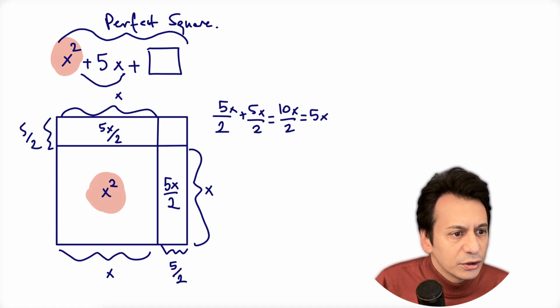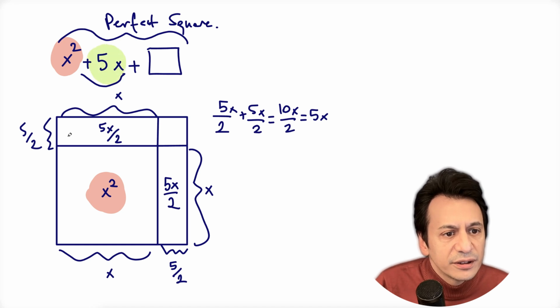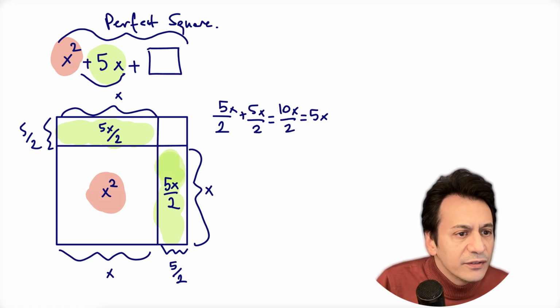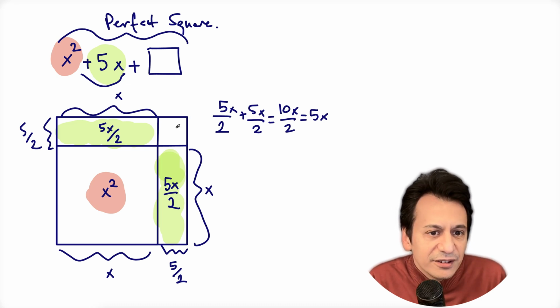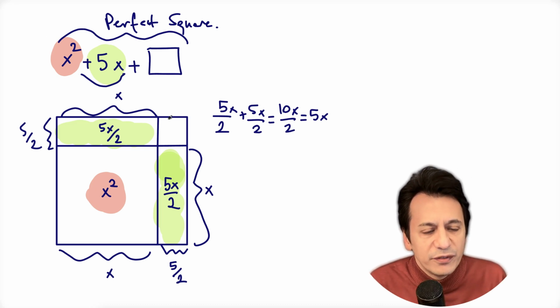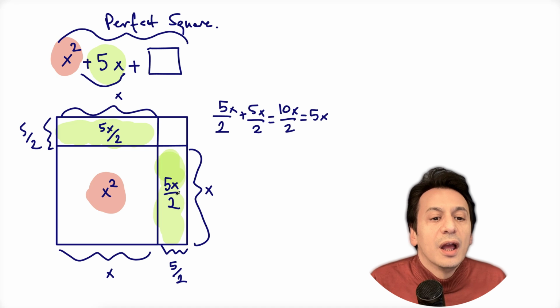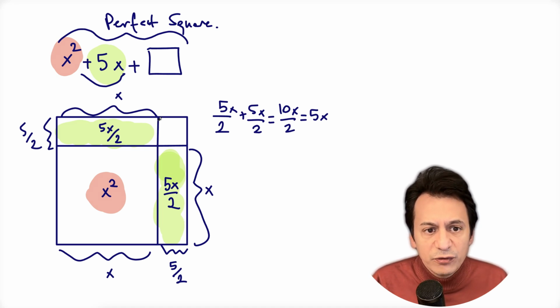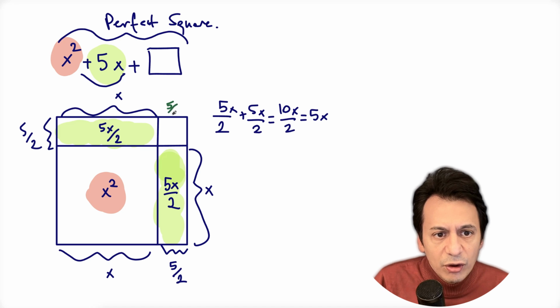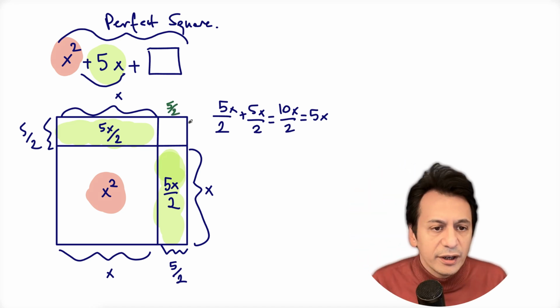So let's color code this part now. Let's put green here. Okay, this is the sum of green parts. Now, if I add a perfect square here, I mean this little square, I will have my perfect square. Actually, I can find out what I am going to add because this part is 5 over 2, which is also the side length of the square. You can see the same thing through this perspective.